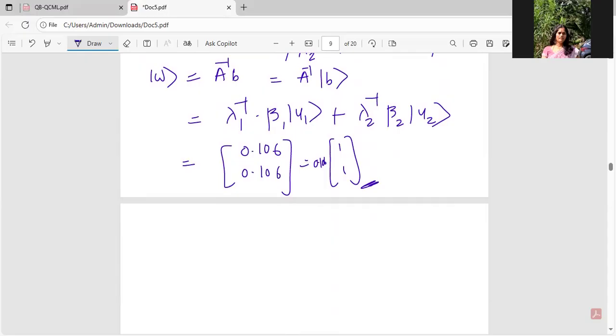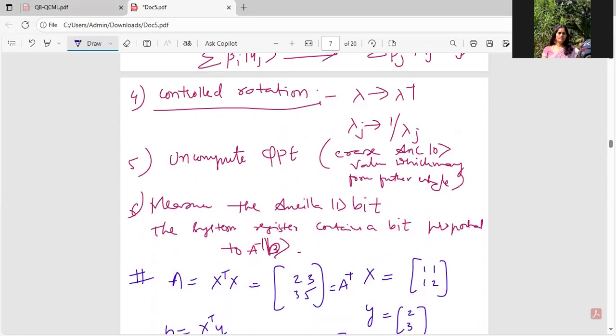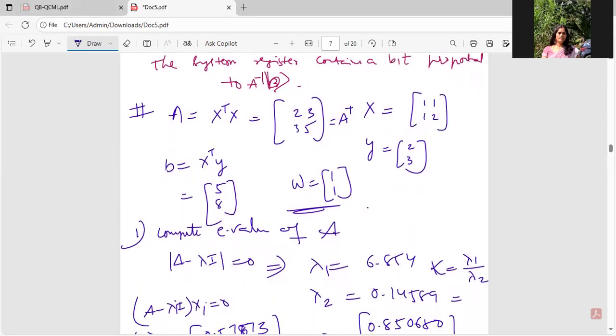If you have a doubt, I can just show guys what exactly I'm trying to talk about. Just see how you got 1. If you think I'm manipulating something, just see. Suppose W is equal to W1 and W2, guys. Now A is 2, 3, 3, 5, and this is W1 and W2.